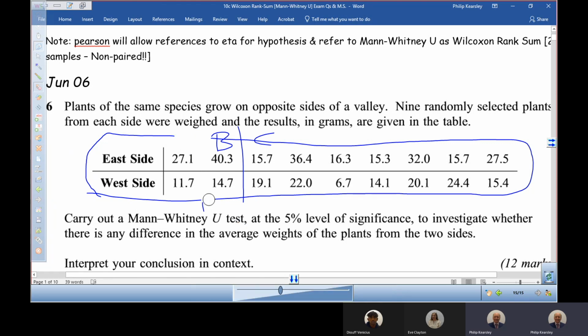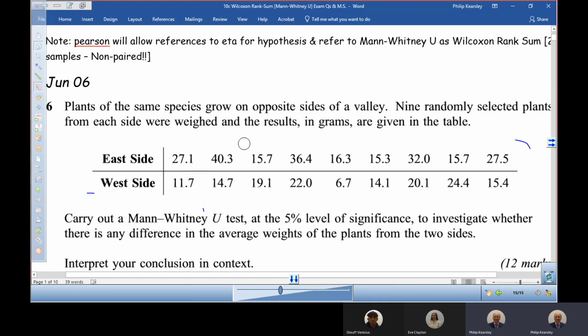That is so important. So if I'm tackling this question from 2006 with an outdated name reference, you need to notice it is not paired. And because it's not paired, you have two independent samples, two separate samples.